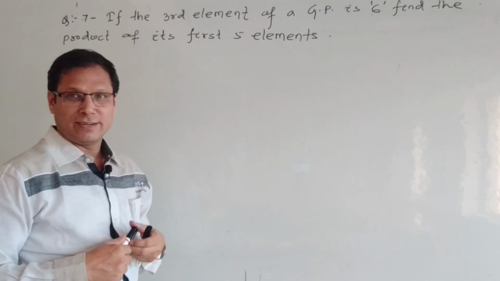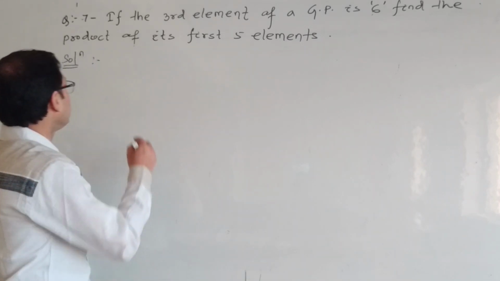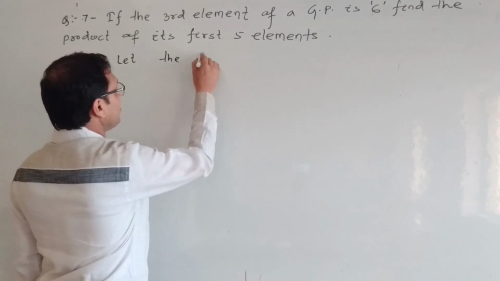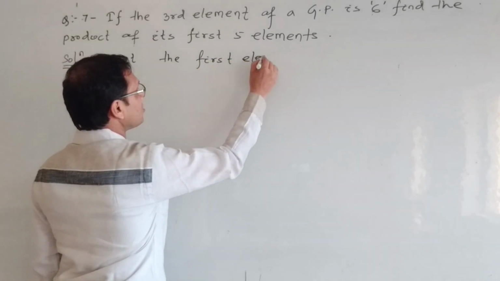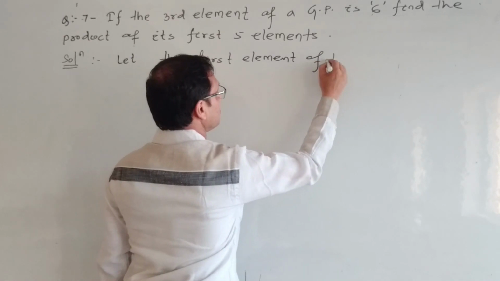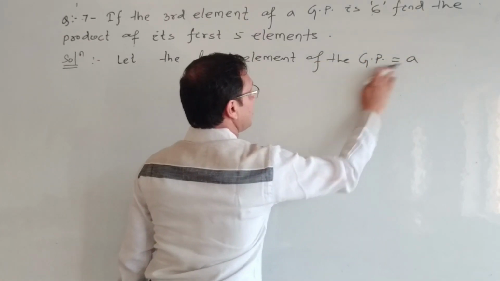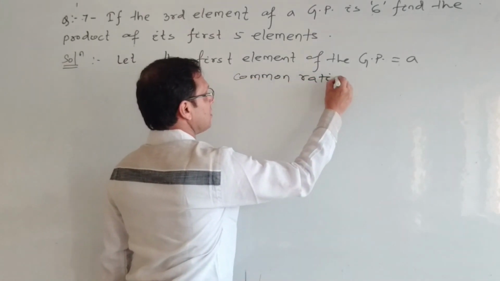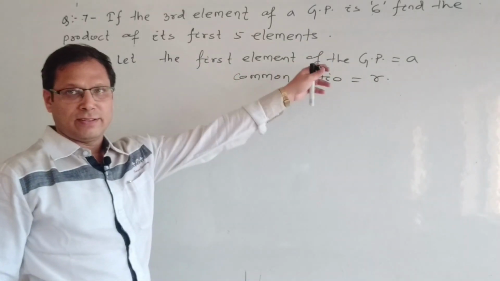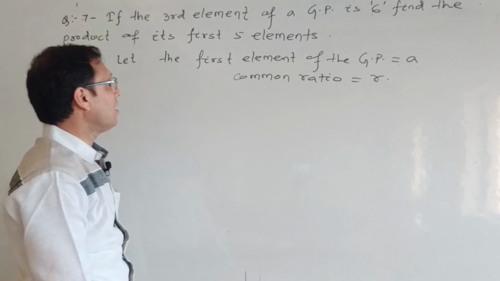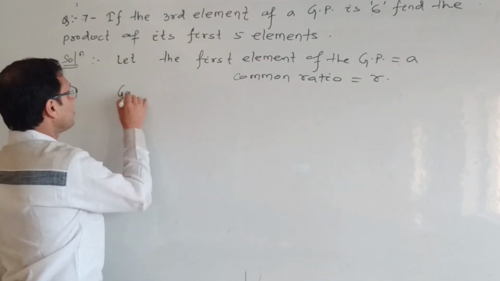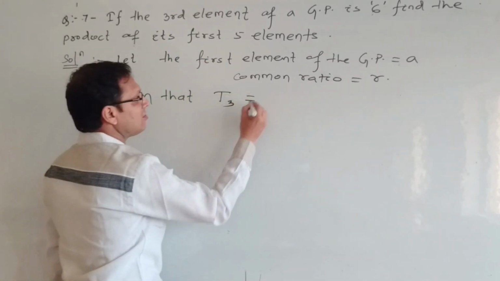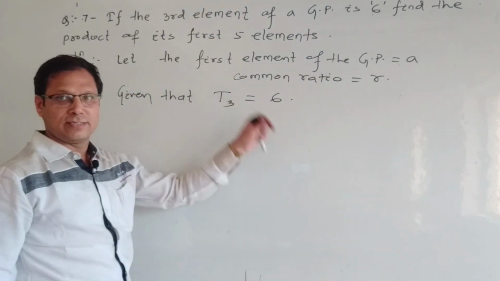The question sounds difficult, but let the first element of the GP be A and the common ratio be R. According to the given condition, the third element, that is T3, is equal to 6.